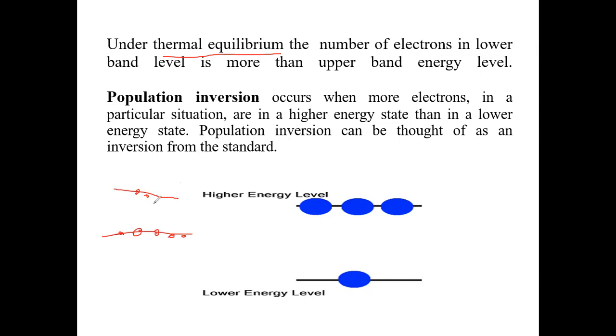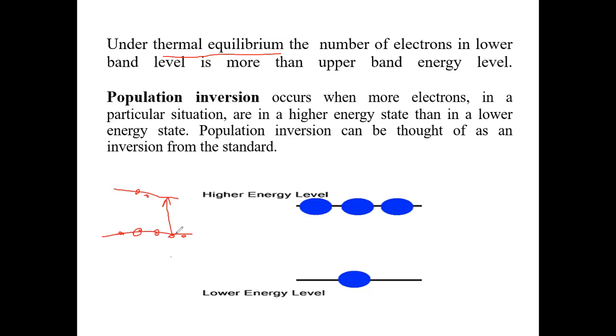Now what I do is I have to pump or excite the electrons to the higher energy level because I am using stimulated emission. तो stimulated emission के लिए मुझे क्या करना पड़ेगा, ये सारे जो इलेक्ट्रॉन्स है या photons है, I have to send them to the higher energy level. Then only stimulated emission will take place.